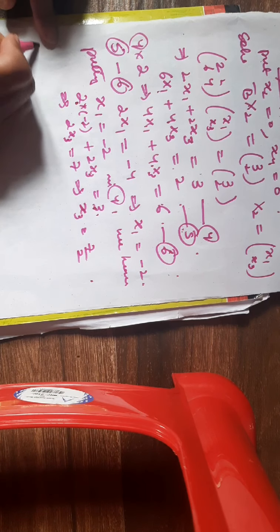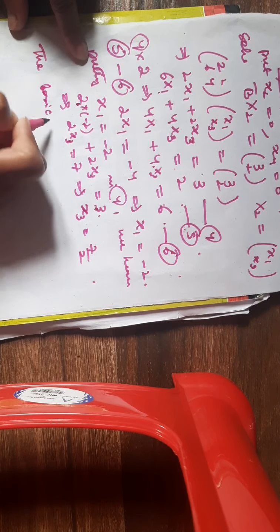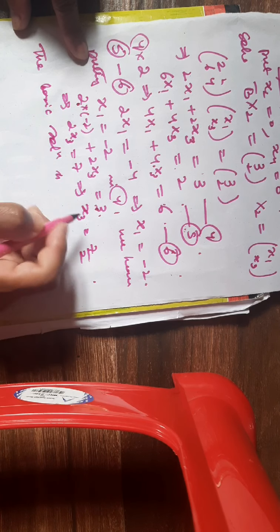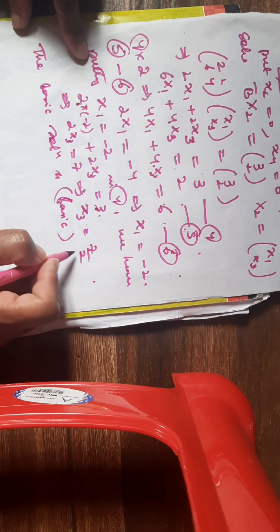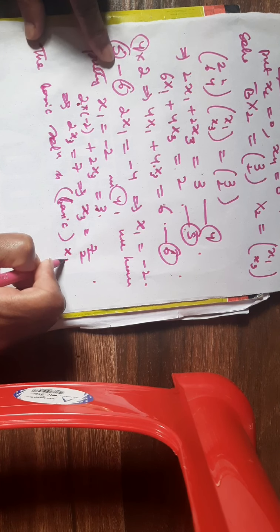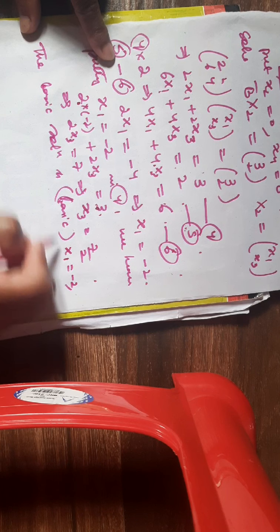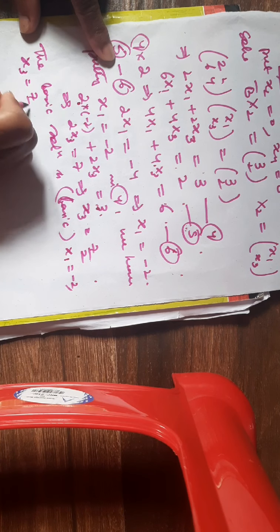Now in this case, the basic solution, I'll write inside the bracket basic, that means x1 is equal to minus 2 and x3 is equal to 7 by 2.